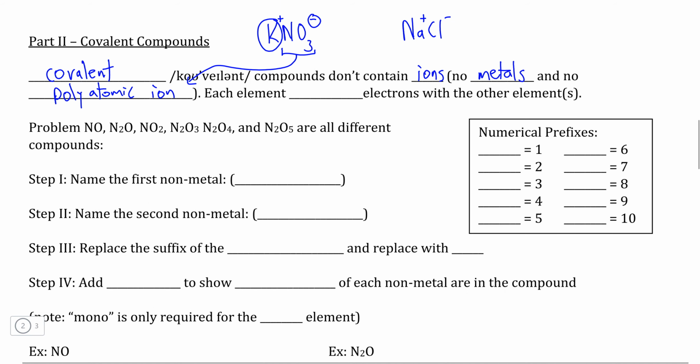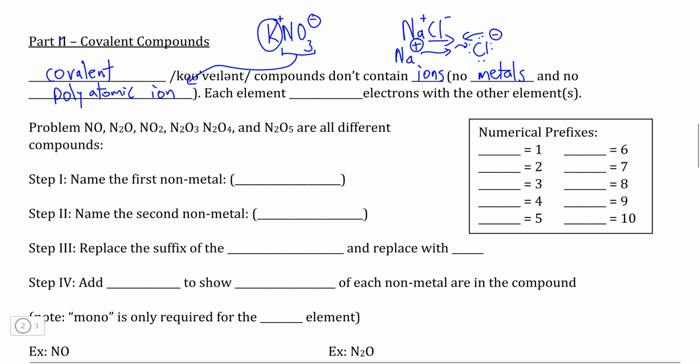So the distinction between ionic compounds and covalent compounds is in their formation. Remember that an ionic compound forms when a metal loses its electron and a nonmetal is there to receive that electron, and that allows each of the metal and nonmetal to form a charge which then attract to each other in order to form the compound.